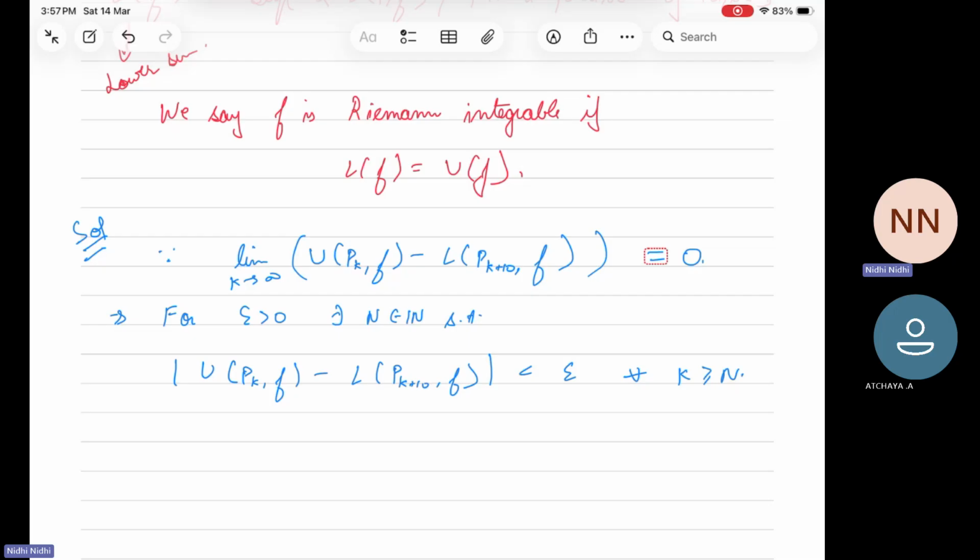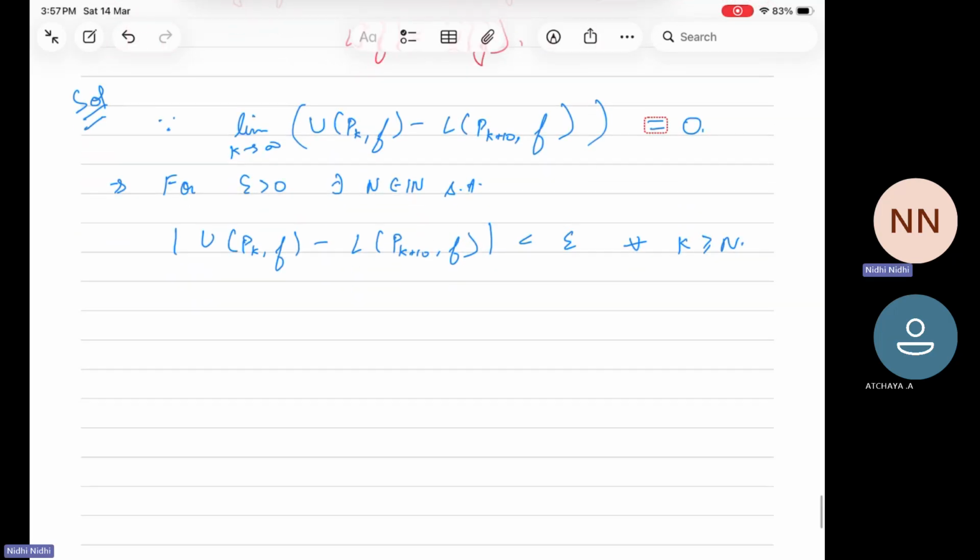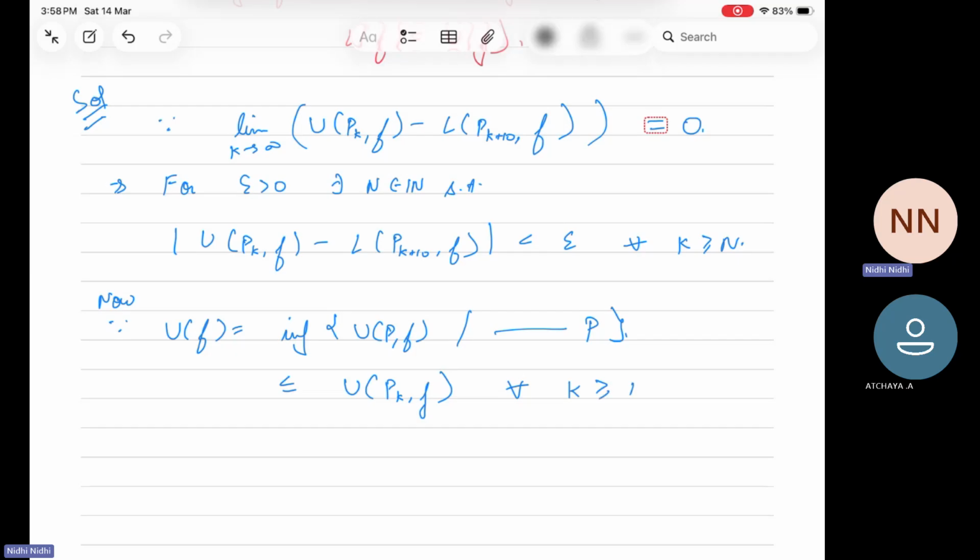Now, since UF was the infimum of UPF for any partition P, this is always less than or equal to UPKF, and this happens for all k greater than or equal to n as well. It actually happens for every k, but we are specifically interested in k greater than or equal to n.